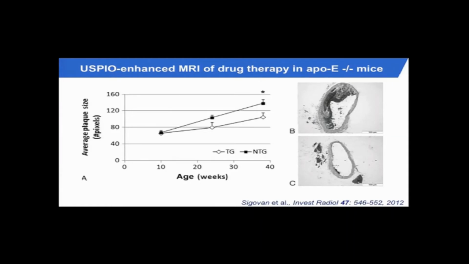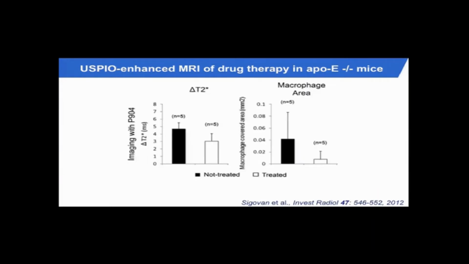In the treatment group, the plaque is smaller, also seen on histology, leading to a lower macrophage count, as you can see here, and it also reduces the T2 star change that is induced by the injection of the iron oxide nanoparticle. So we have a setting where an in vivo MRI readout can report on the efficacy of a therapeutic intervention.